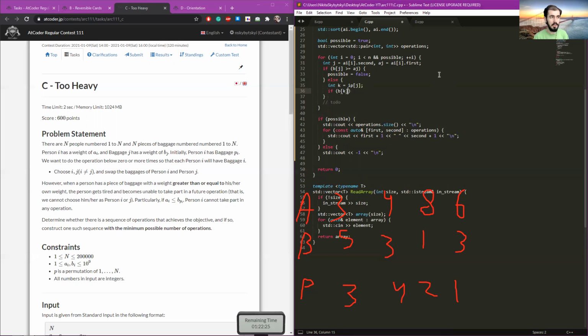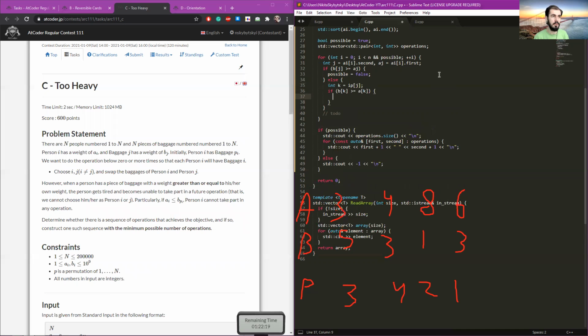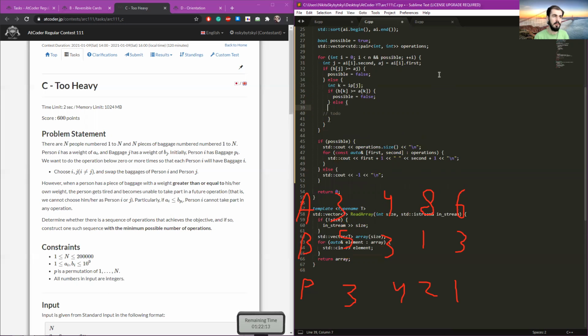Also, if d at k is greater than or equal to a at k, then possible is equal to false. Else we can swap them because none of them is tired currently, right?